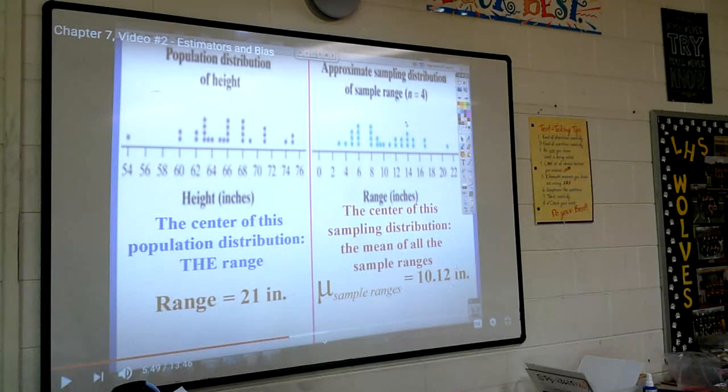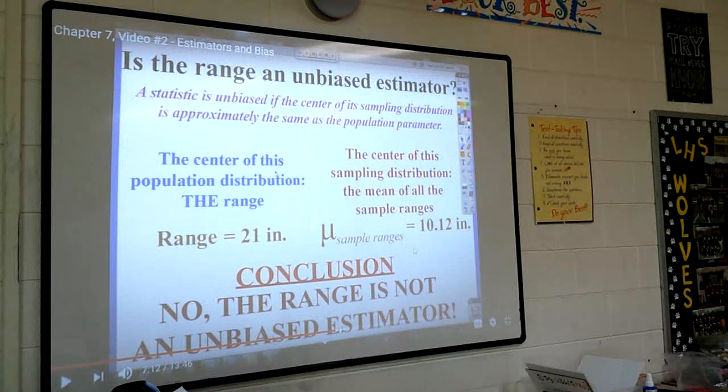So the range shouldn't be as big when you do a sampling distribution because you're taking the average of 4 people. You shouldn't have as spread out a range as you do when you just have one person. So the range is a lot smaller. So the conclusion is the range is not an unbiased estimator. The mean is an unbiased estimator usually if you have a good sample. The range is not.